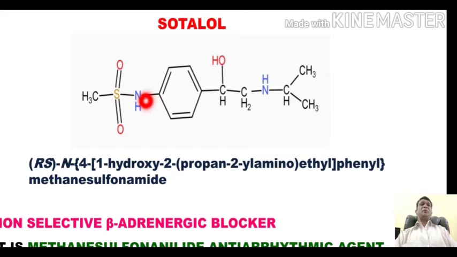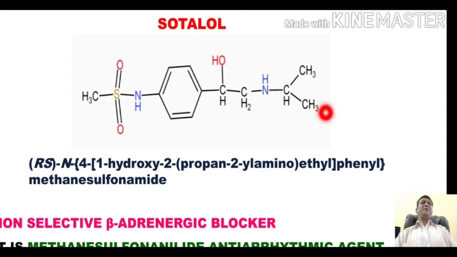On this nitrogen, at position number 4, we have this substituent group. On the first carbon we have a hydroxy group, and on the second carbon we have this propane-2-yl amino group.